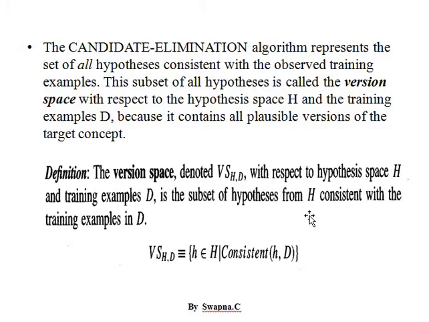The version space is the subset of hypotheses from H consistent with the training examples in D. That is represented with this notation: VS(H,D) equals {h belongs to H | Consistent(h, D)}. Small h is a hypothesis, capital H is the set of hypotheses, and capital D is the training examples. So this is about the version space definition and the candidate elimination algorithm.